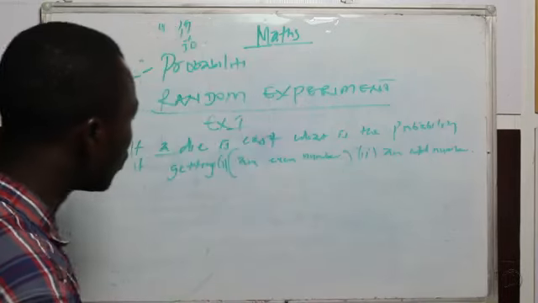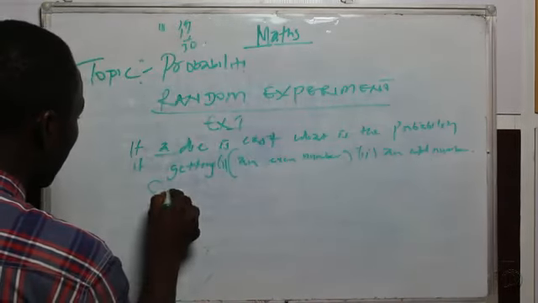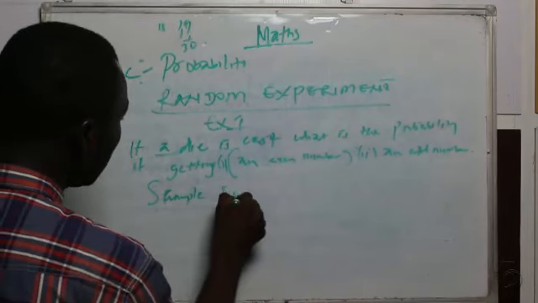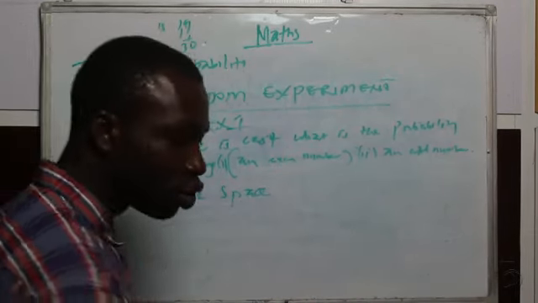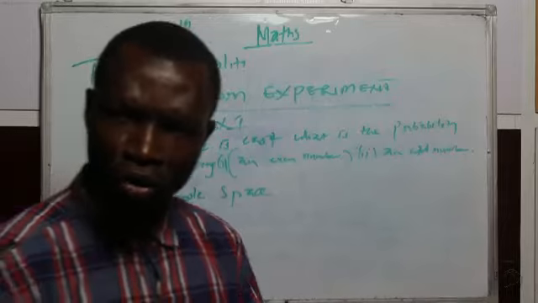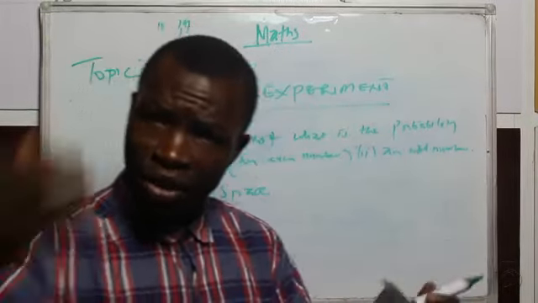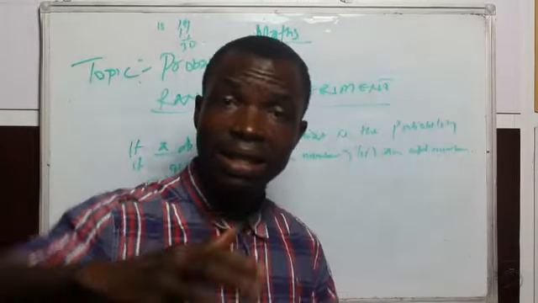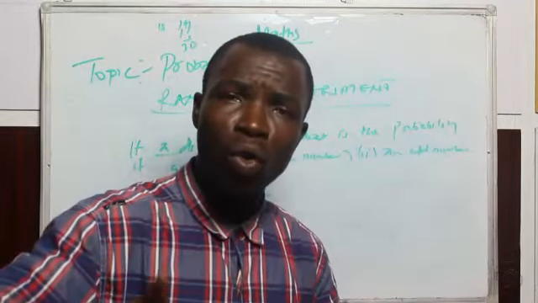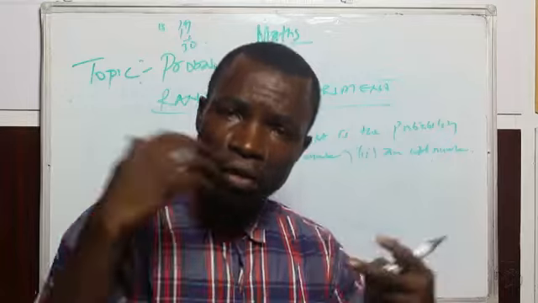Now, the first thing we need to know is the sample space. The meaning of sample space is the list of possible outcomes of a given experiment. That is, what are the possible results from our experiment?